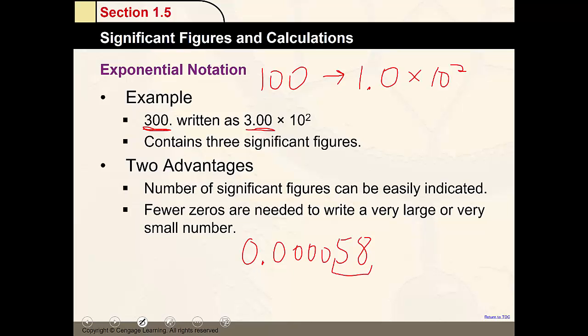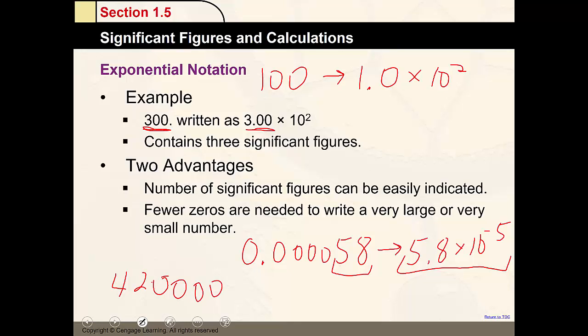So in this number, there are just 2 sig figs, and if we wanted to write this in scientific notation, it would just be 5.8 times 10 to the, and then count the decimal places, 1, 2, 3, 4, 5, times 10 to the negative fifth. So obviously it's much easier to write this number in scientific notation rather than writing out all those zeros. So scientific notation is useful for numbers that are very small or for numbers that are quite large.